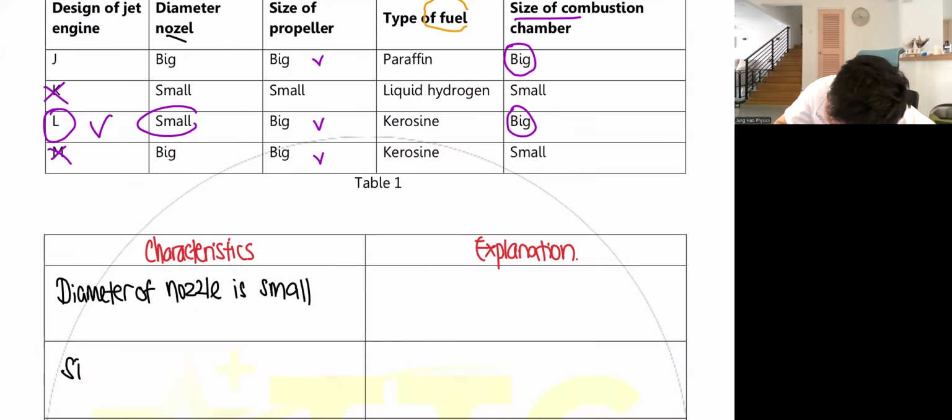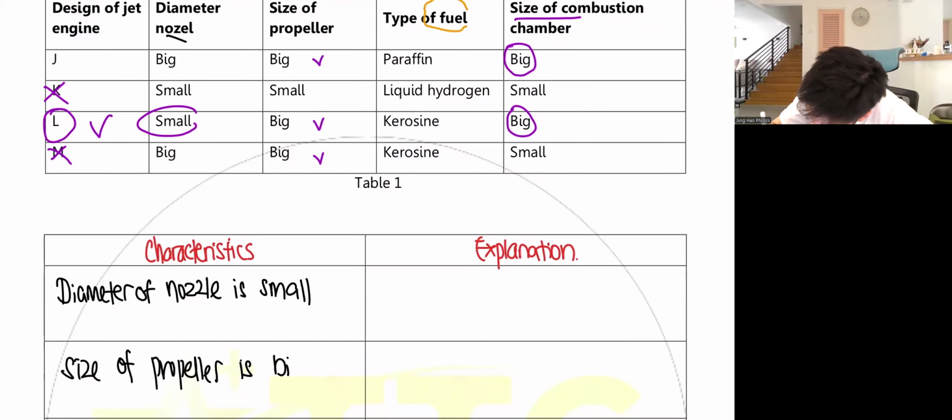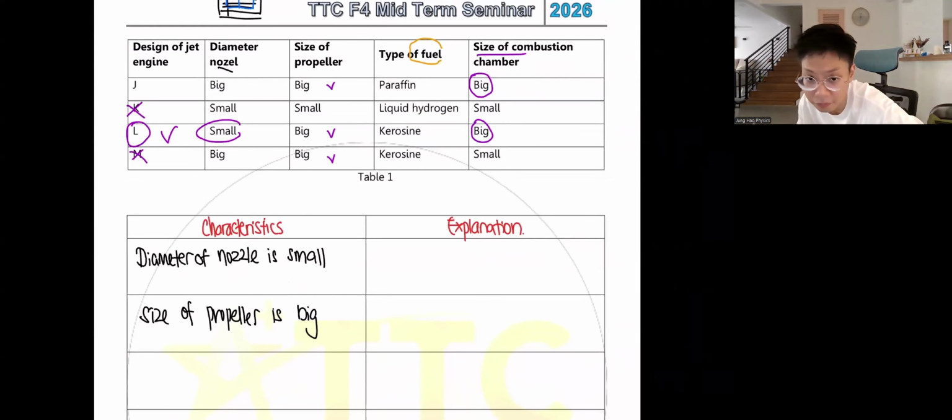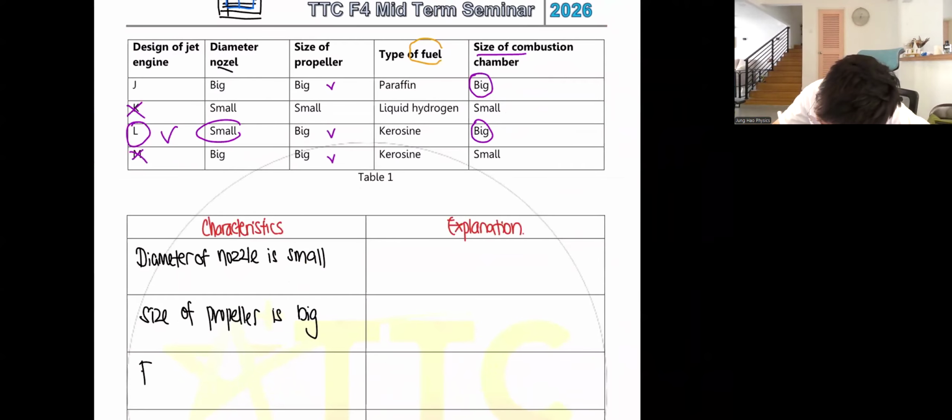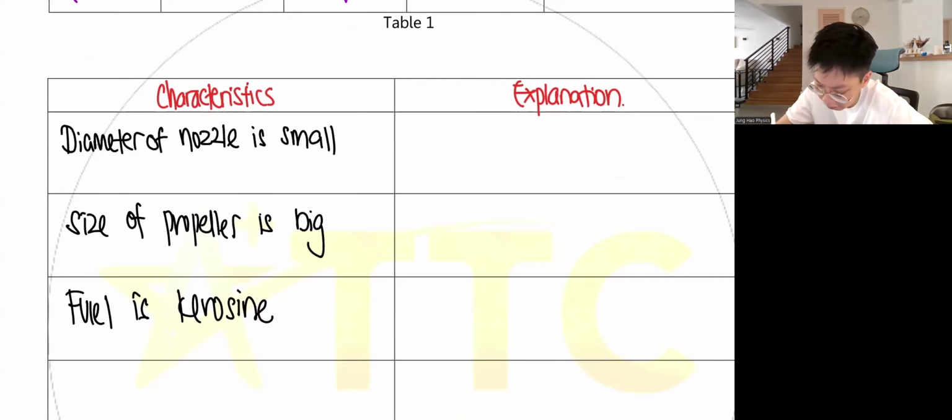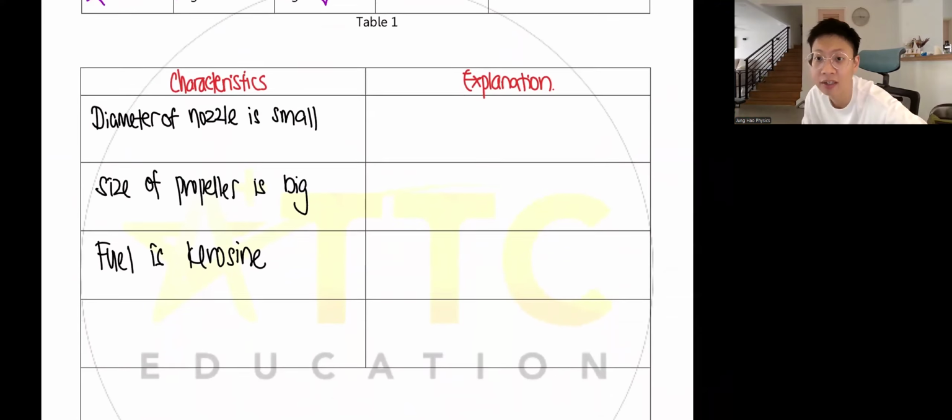Then we can write, okay, if you don't mind, let's write everything out first. Size of propeller is big. The fuel is kerosene. I think there are multiple ways to spell kerosene. I remember it's SENE, but here they use SINE. Then I just write it.